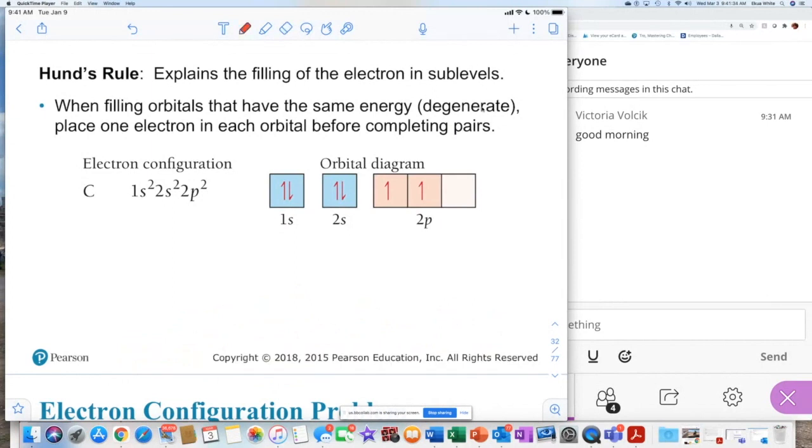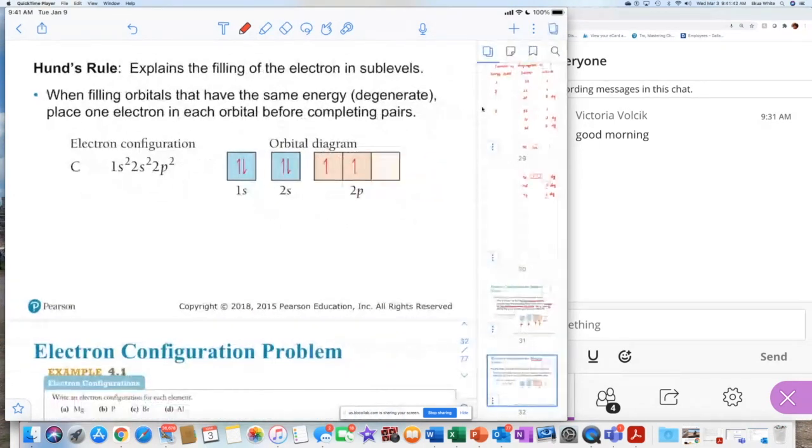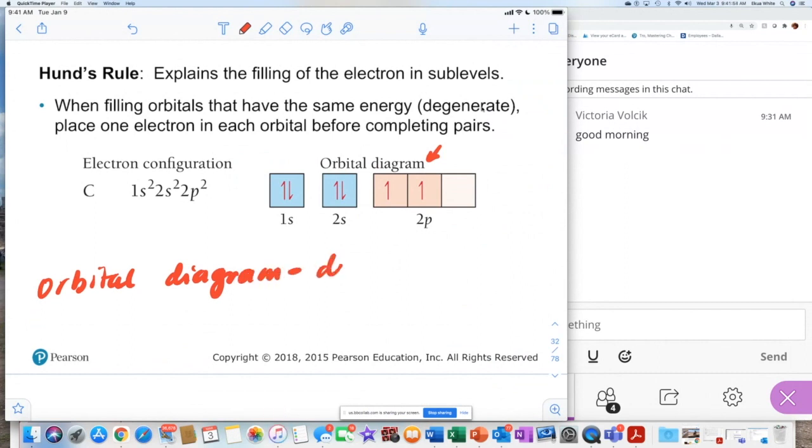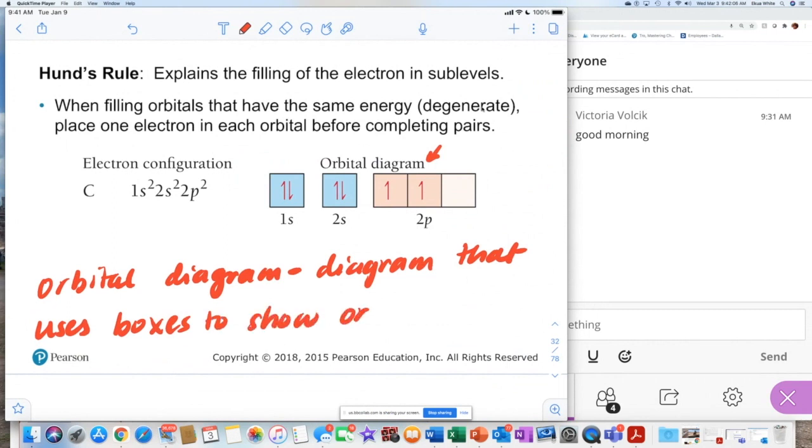The orbital diagram is the picture representation that shows you how the electrons are placed in the sublevel. This gives us more information. So you can see here, I have the orbital diagram, right? So the orbital diagram, as you can see, is a diagram that uses boxes to show orbitals.